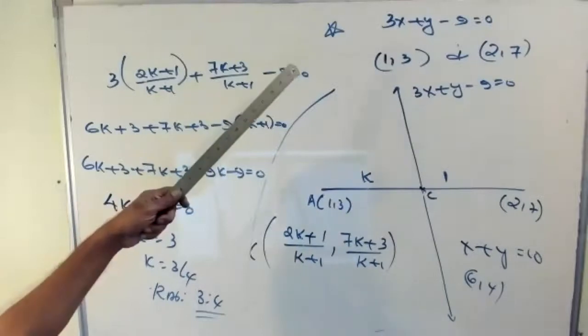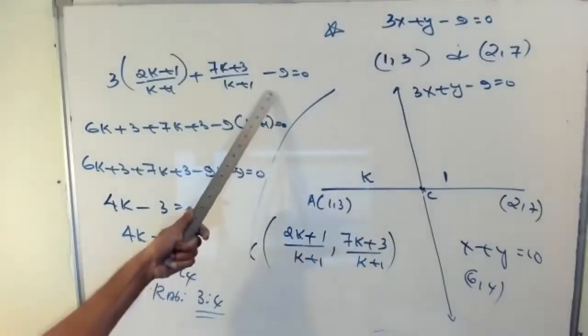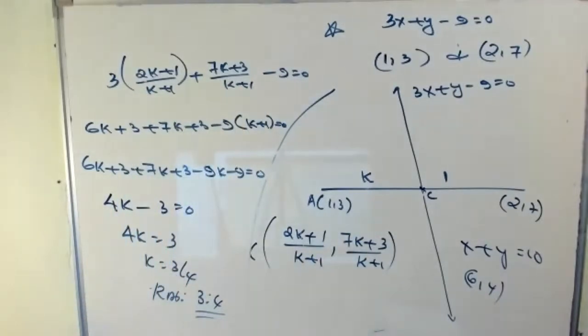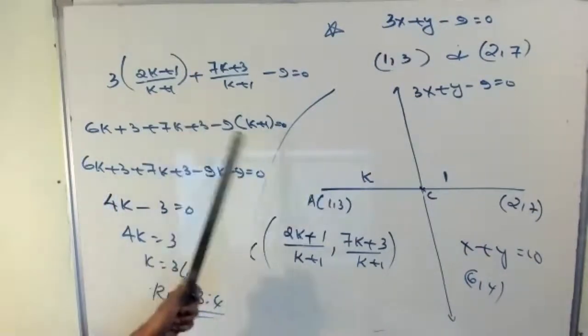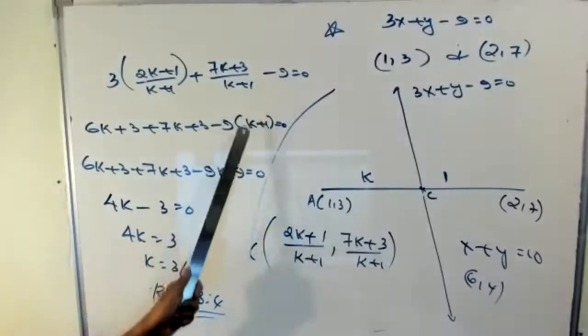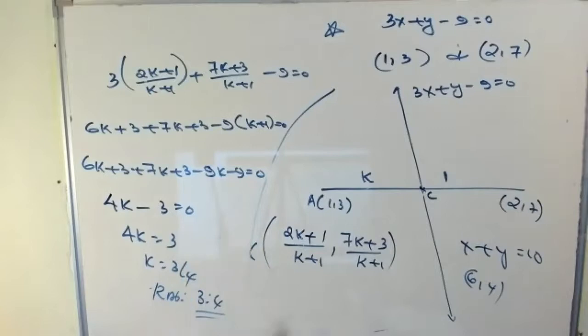Substitute in the given equation: 3 times (2k plus 1) by (k plus 1) plus (7k plus 3) by (k plus 1) minus 9 equal to 0. You replace x with this one and y with this one, then multiply by k plus 1. So here 9 times (k plus 1) equal to 0. Open and simplify it.